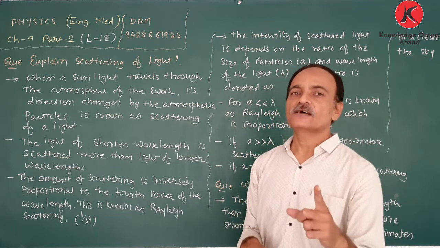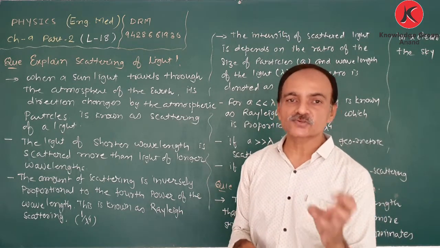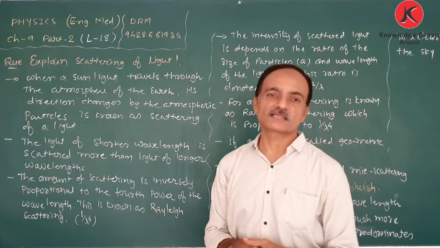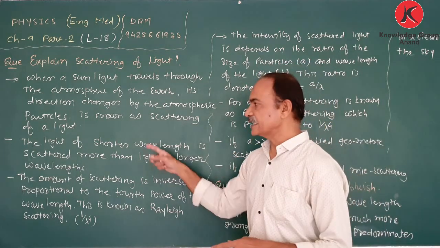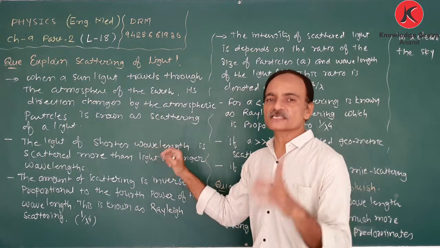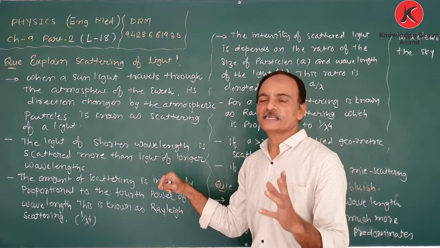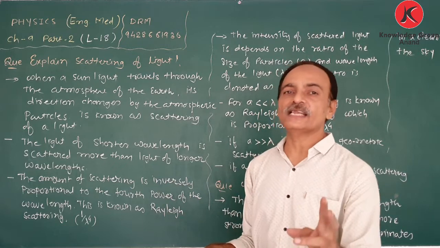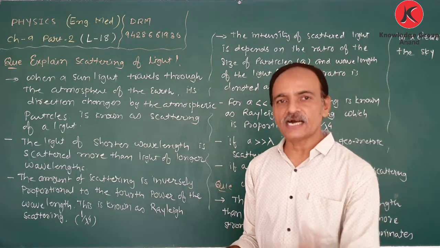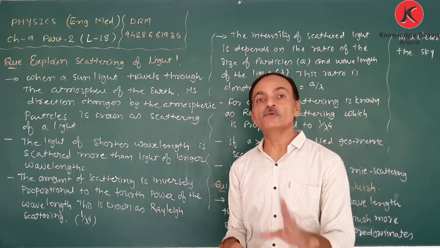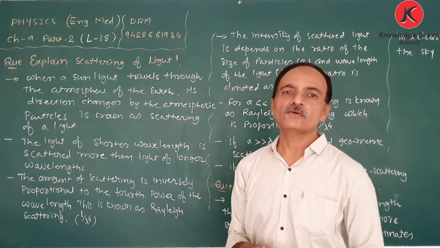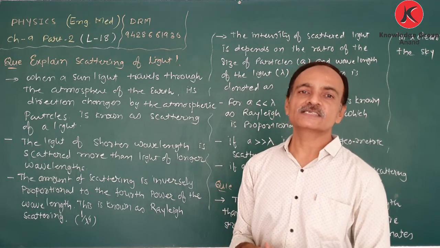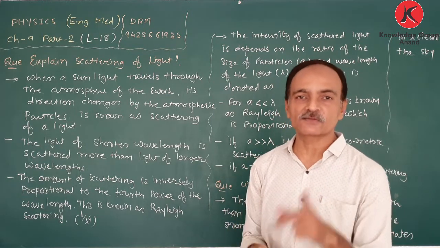Actually, violet and blue light have shorter wavelengths compared to red light. Therefore, the scattering of blue light takes place first, then the red light. Actually, the scattering of violet light is first, but our eyes are more sensitive to the blue color. And due to that reason, we see the sky as bluish instead of violet.